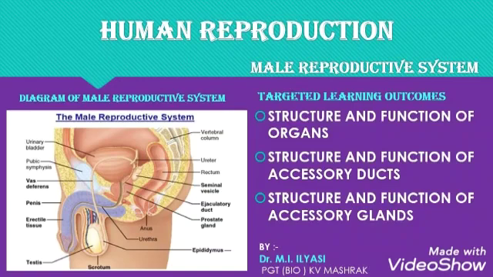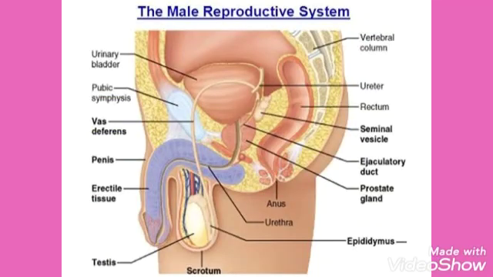Each testis has about 250 compartments called testicular lobules. Each lobule contains 1 to 3 highly coiled seminiferous tubules. Seminiferous tubules are the site for meiosis that leads to the formation of spermatozoa.